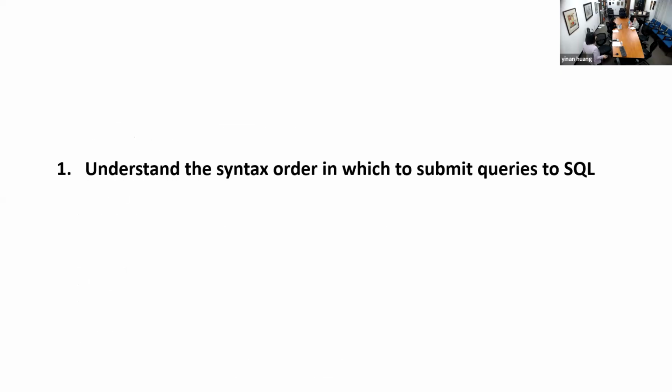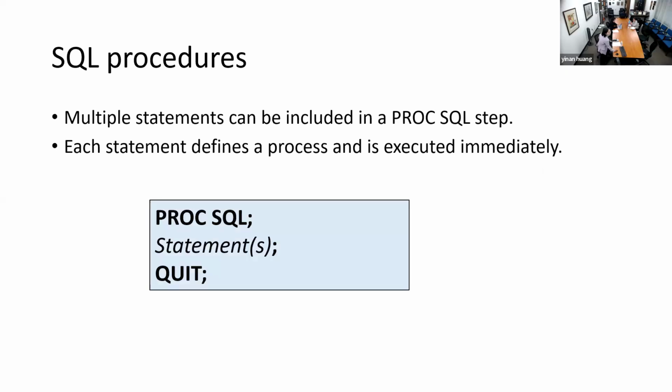Firstly, we need to understand the basic syntax order in order to submit queries to SQL. It's very simple. PROC SQL consists of several components. First, you start with PROC SQL and then a semicolon.